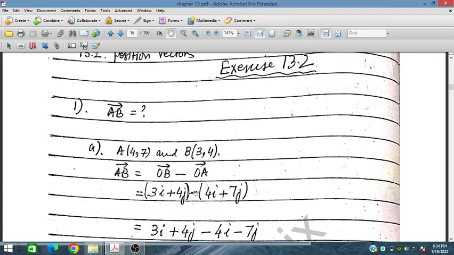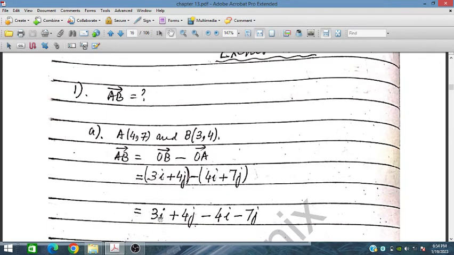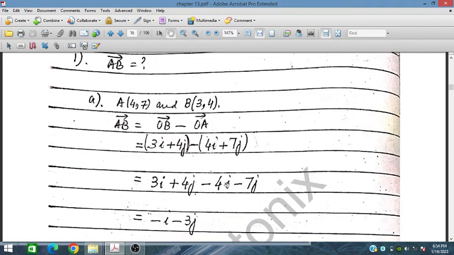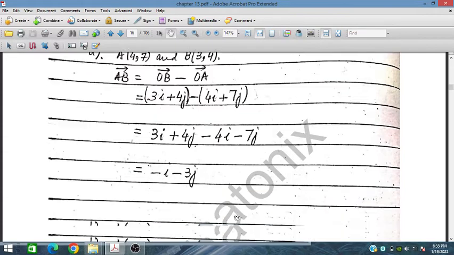There is a minus sign here, so we subtract: 3i plus 4j minus 4i minus 7j, i to i relation. So 3i minus 4i is minus i, and 4j minus 7j is minus 3j. So AB is minus i minus 3j.